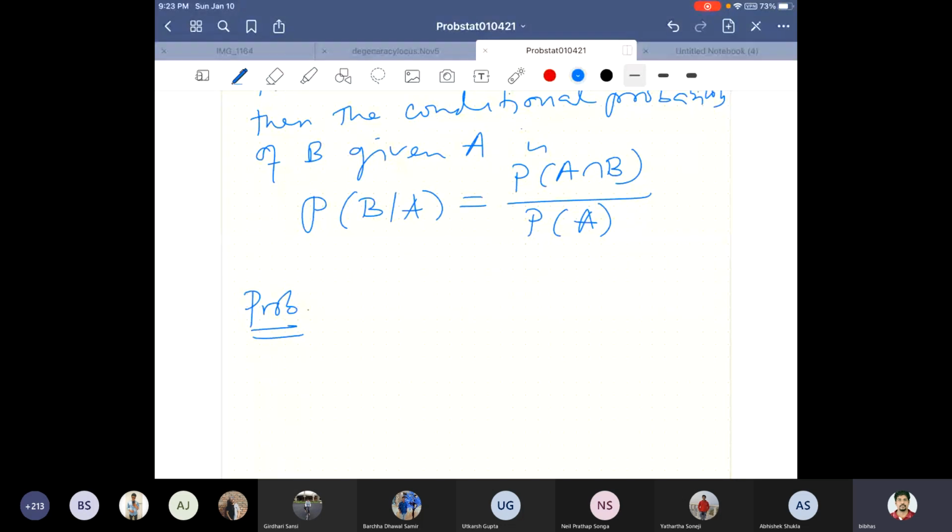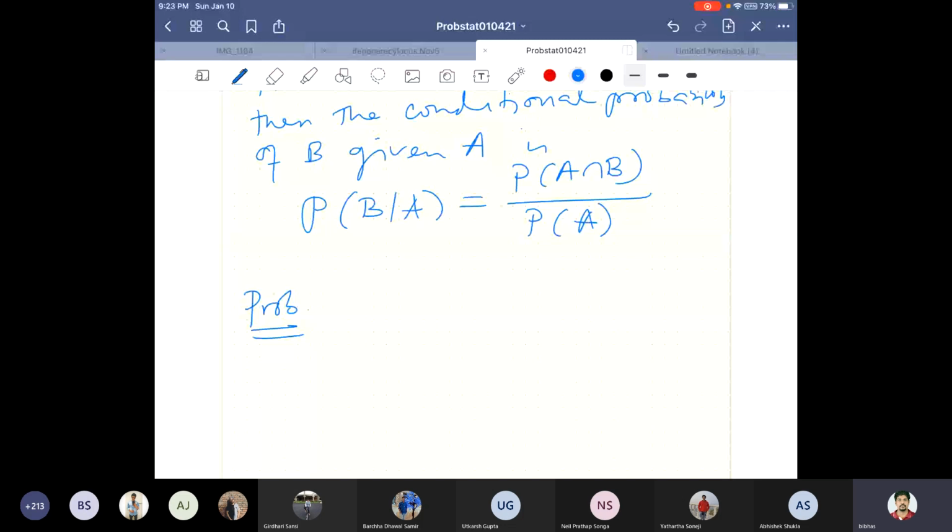We said probability can be defined in different ways, depending on the context. But for 10+2 students, random always meant that the possible outcomes in the sample space are all equally likely.